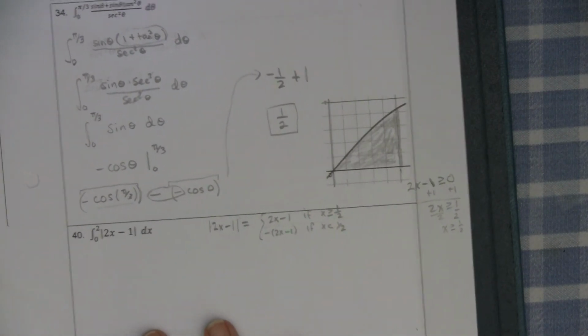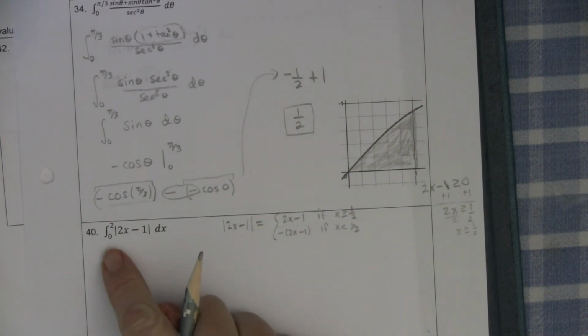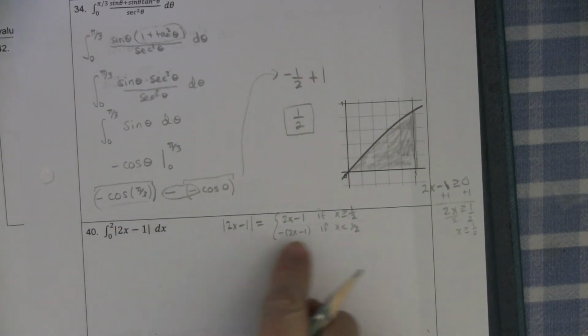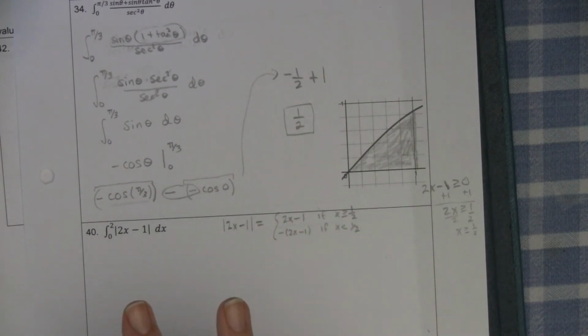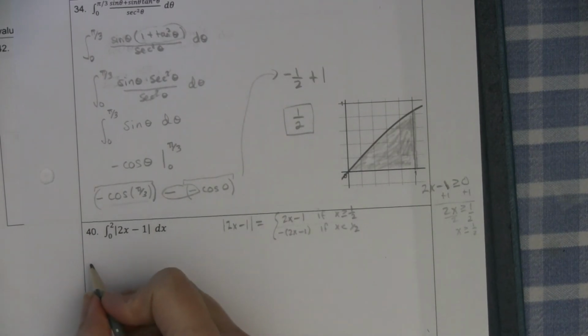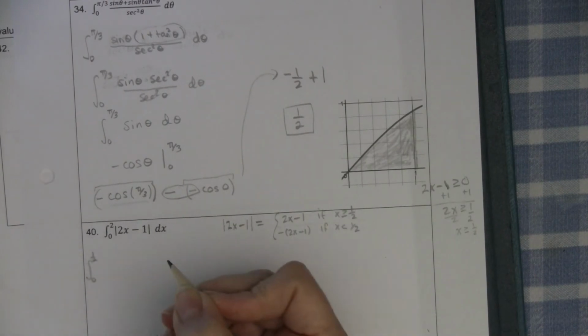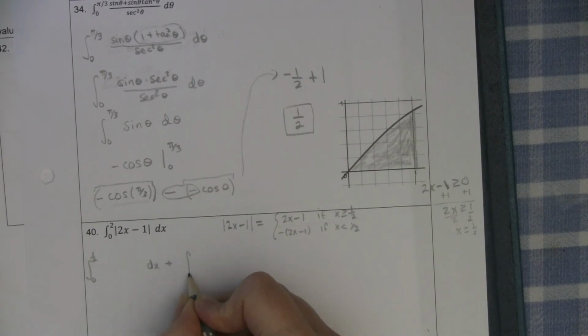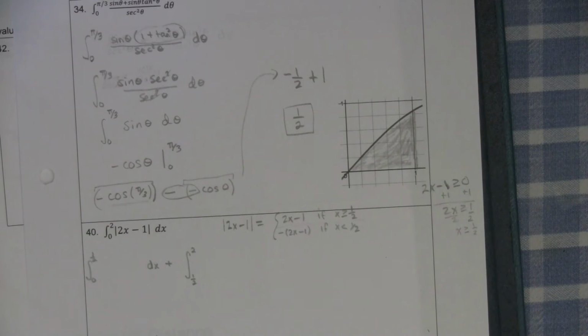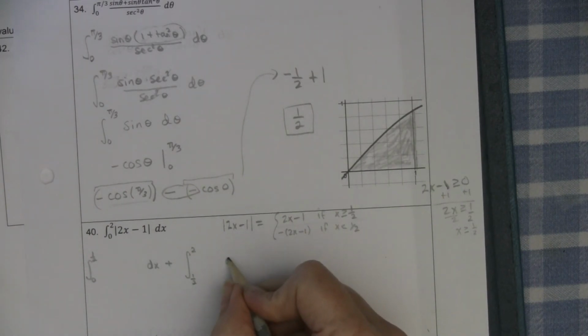So those are my conditions. I come back over here and I look. And 0 to 2, half is in that interval. So I'm going to have to break this into 2 pieces at 1/2. So I'm going to have an integral that goes from 0 to half of my function, plus an integral that goes from half to 2, so that I go all the way from 0 to 2 of my function.